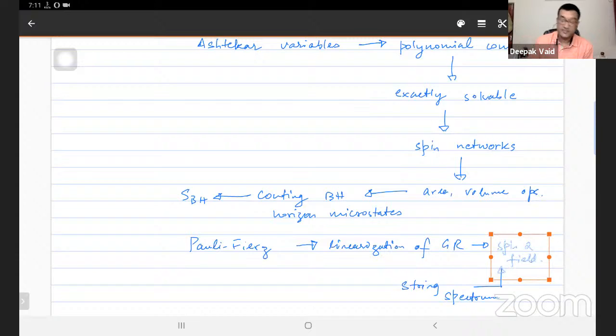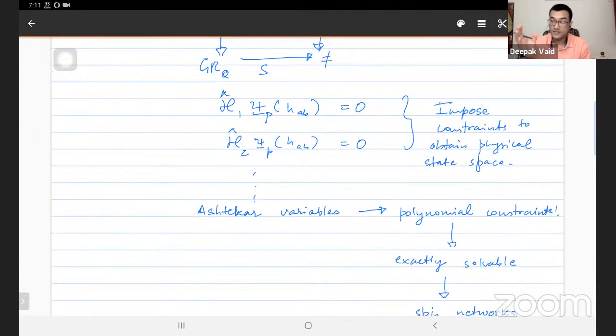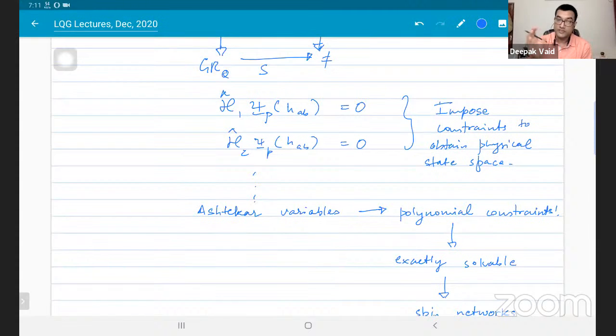Whereas the loop quantum gravity program is taking the notion of background independence seriously, which is that our quantum theory of gravity should respect Einstein's equations to begin with, or at least it should implement them.